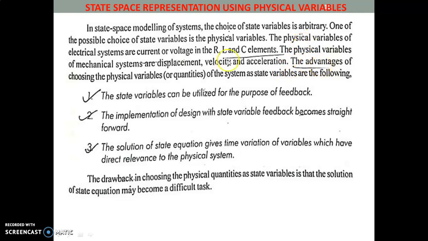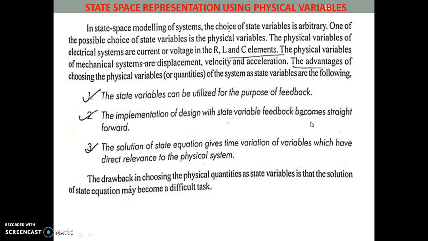The advantages of choosing physical variables of the system as state variables are the following. First, these state variables can be utilized for the purpose of feedback. Second, the implementation of design with state variable feedback becomes a straightforward method.